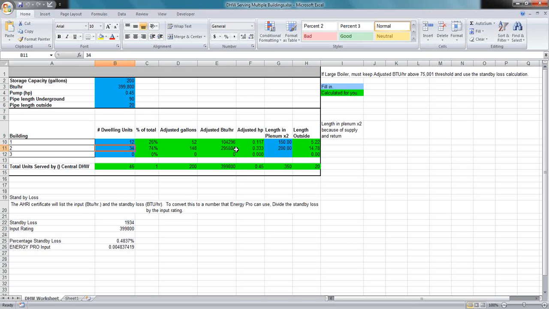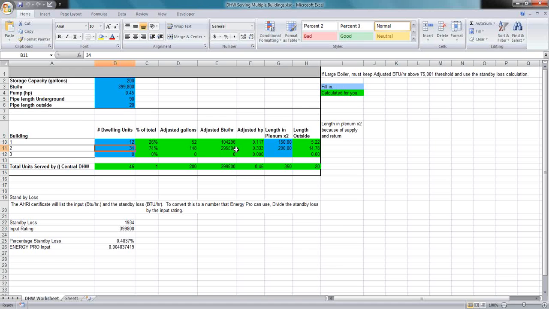So if it's right around that number, or if it's below 75,000 BTUs, you want to make sure it's 75,001 BTUs. And the reason is because you're then going to have the option to put in that standby loss calculation. That's very important.